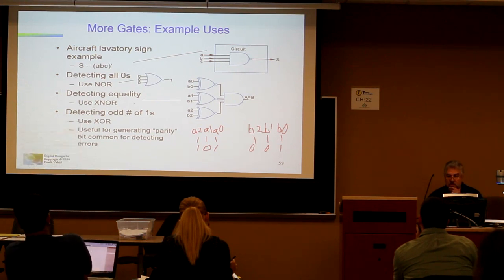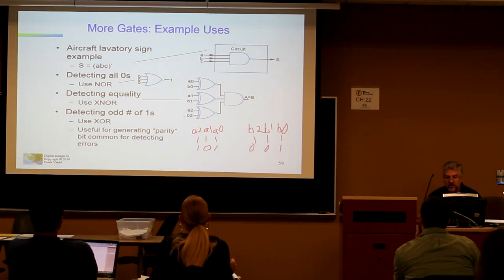So what is our answer here? A1 is 1. I'm sorry. Let's start at A2 up at the top. A2 is 1. B2 is 0. What is the exclusive NOR of this? Exclusive NOR, 0. All right. A1 is 0. B1 is 0.